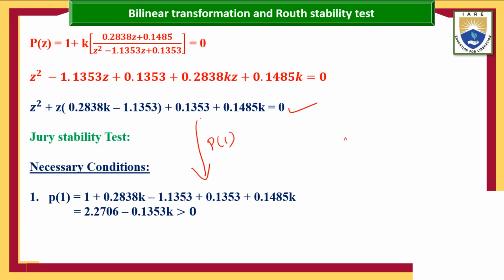We get this value, and the condition is that P of 1 must compulsorily be greater than 0.